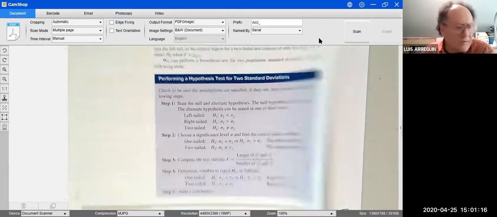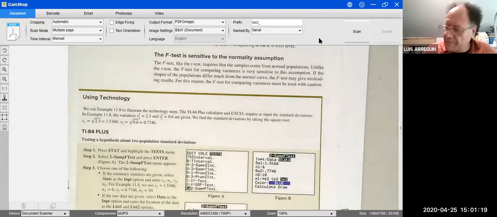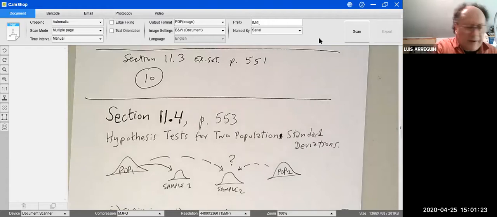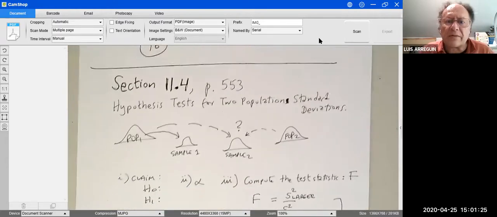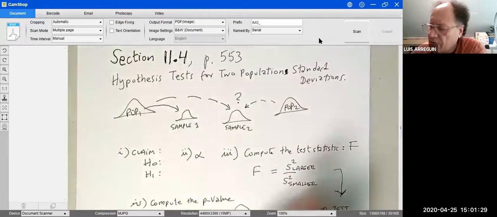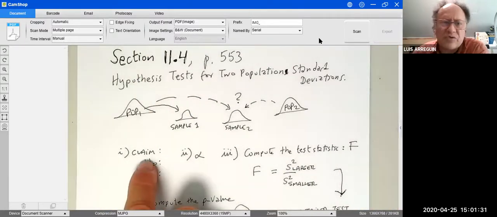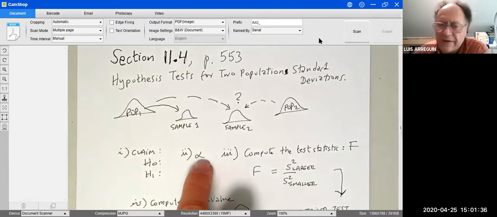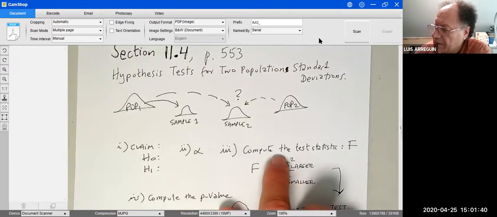So in terms of the methodology that we have followed so far, what I have here is a summary of the same kind of things that we have been doing. Our first step is usually setting up the claim, the null, the alternative, setting up alpha, then computing the test statistic.